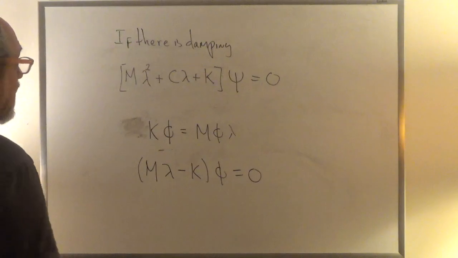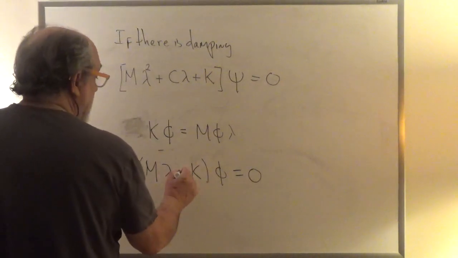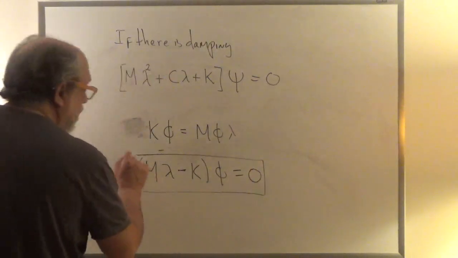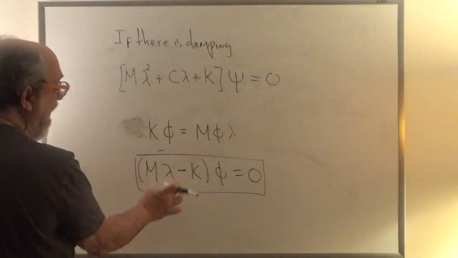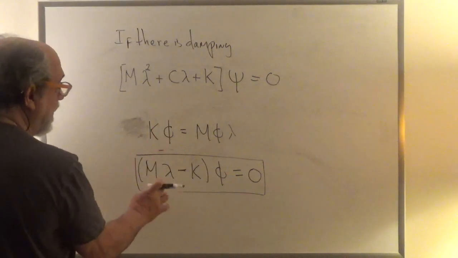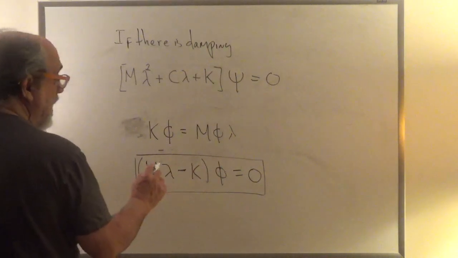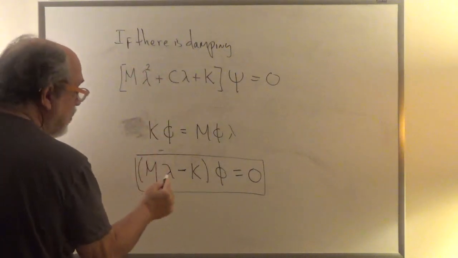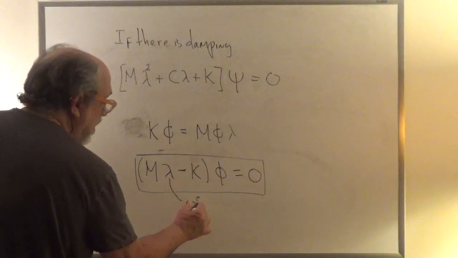So you can see that in this particular case where there was no damping, you see the parallel, but it's not identical, right? Now, what happens is that without damping, this lambda is really omega squared.